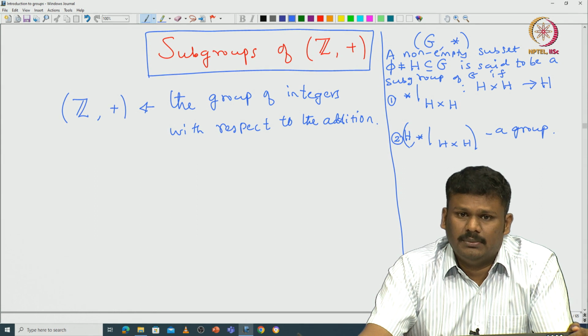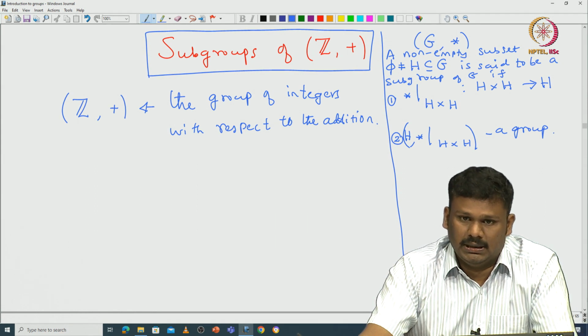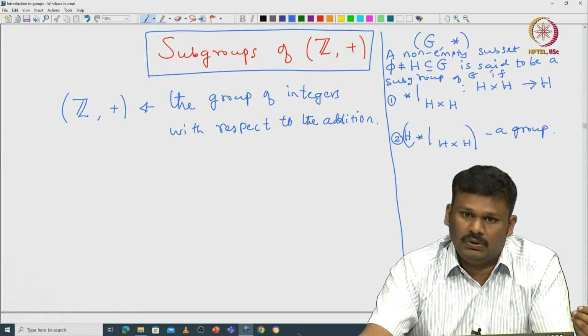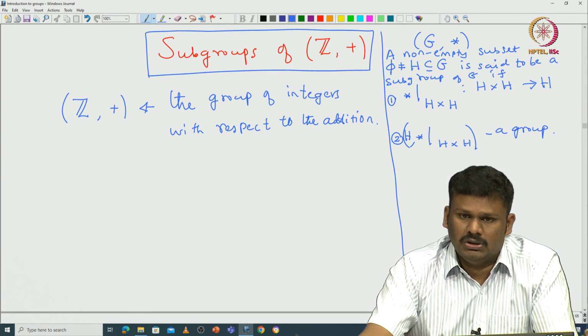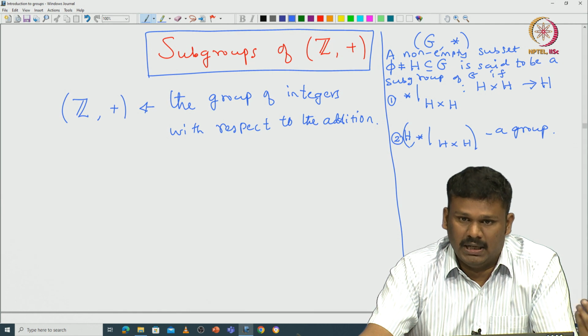What is the meaning of that? You have the binary operation defined on H, and with respect to that you should have associativity, existence of identity and existence of inverse element. Associativity we already have for star as a map on G cross G to G, so the restriction also satisfies associativity, there won't be any issue.